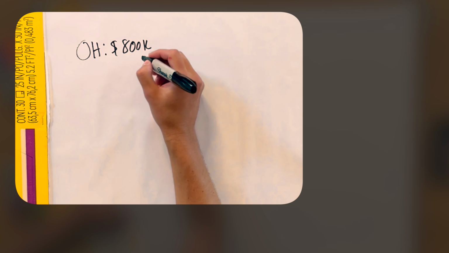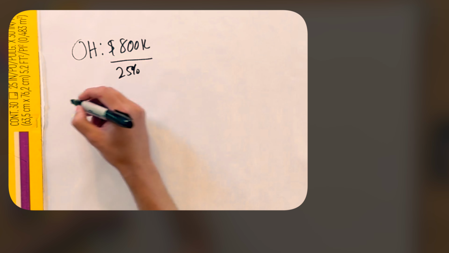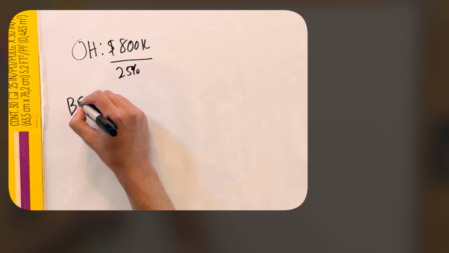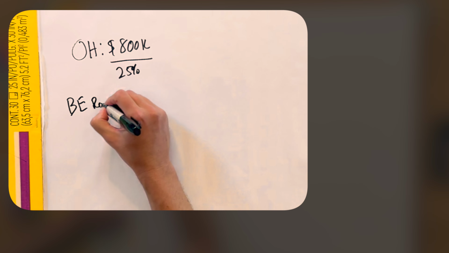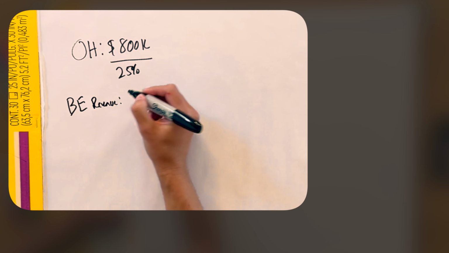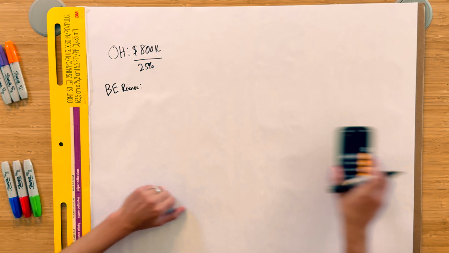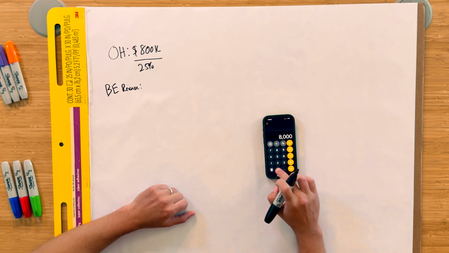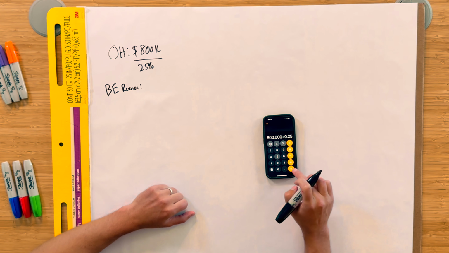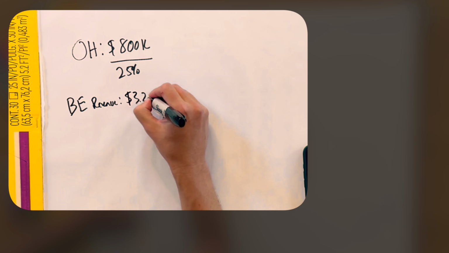So if we want to figure out our break even, we need to divide that by our gross margin percentage. In this example, we're going to divide by 25%, and that will get us our break even revenue. So if we take 800,000 divided by 0.25, that gets us to 3.2 million.